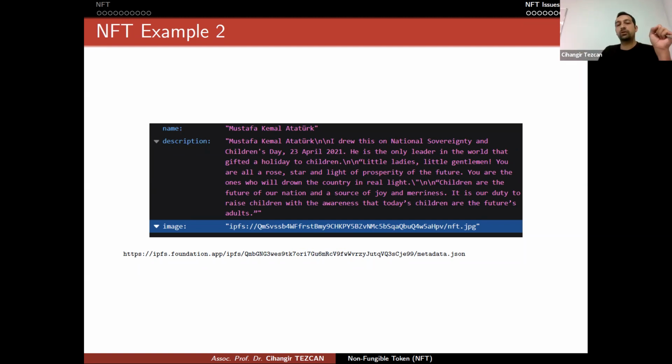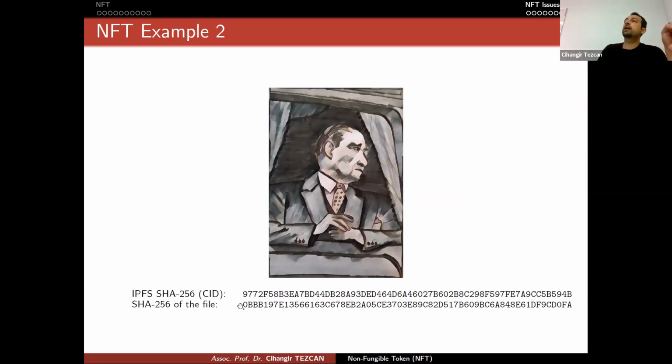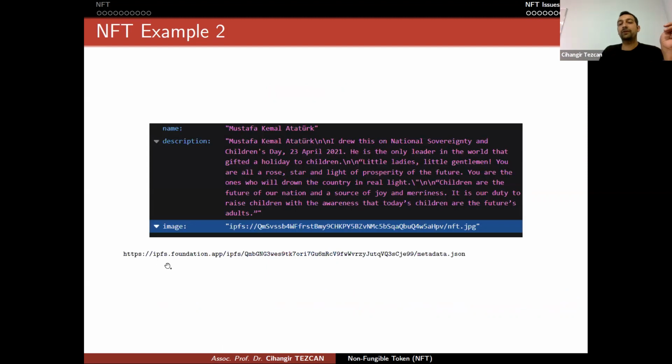So in this scenario, Foundation chooses SHA-256, but I can take this same file, upload it to IPFS, and this time choose SHA-512, and so it will get a different CID, but it will be the same file hosted at IPFS.